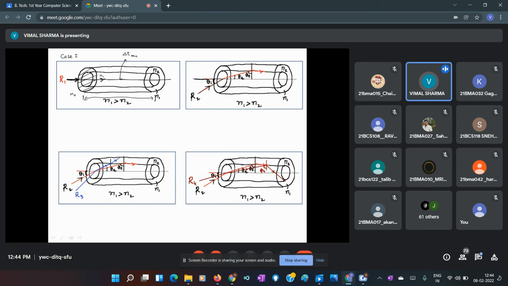So it is launched at theta angle and it bends towards the normal, because it is going from a rarer medium to a denser medium N1. And then it strikes at the core cladding interface at some angle phi.